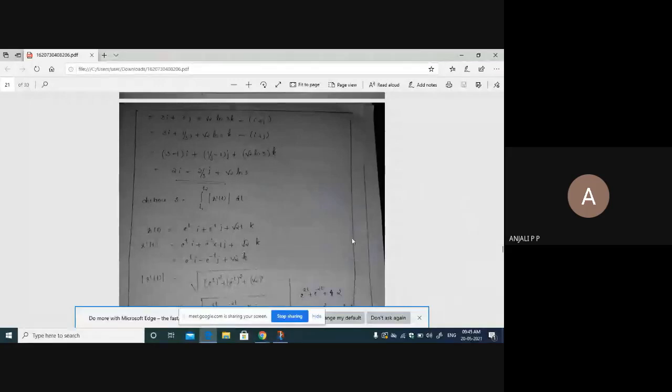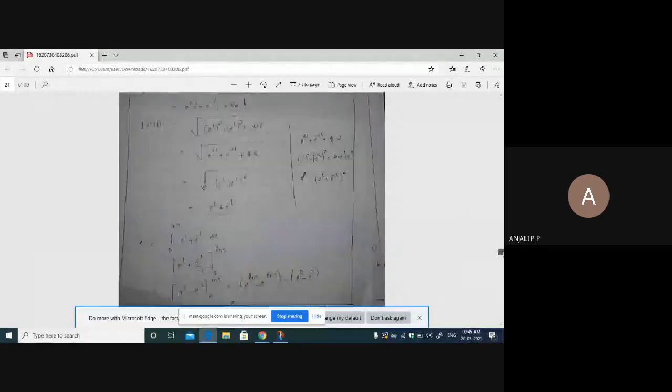Its modulus is the square root of the i term squared plus the j term squared plus the k term squared: e raised to t squared plus e raised to minus t squared plus root 2 squared. By solving this, you will get e raised to t plus e raised to minus t as the modulus of r dash of t.